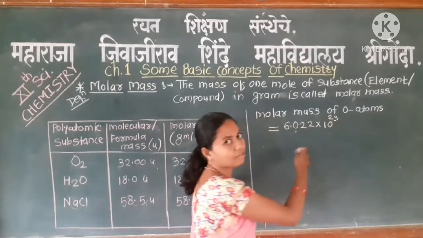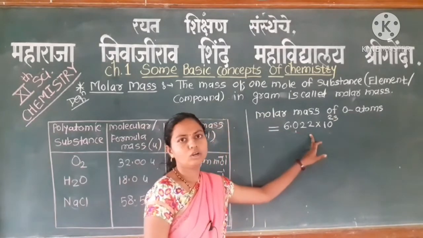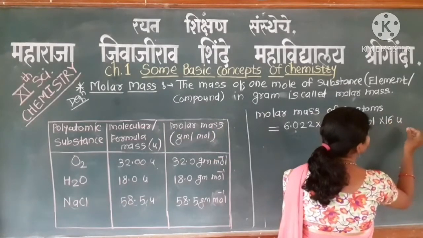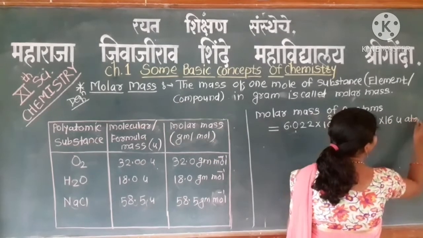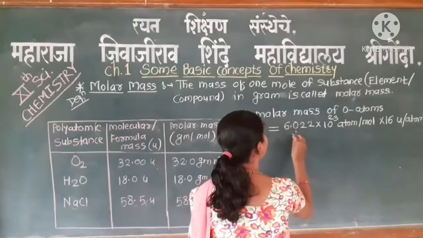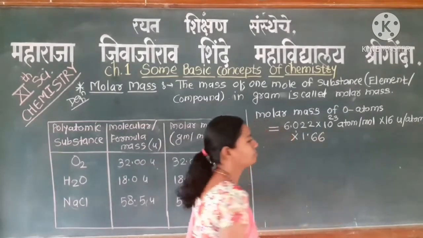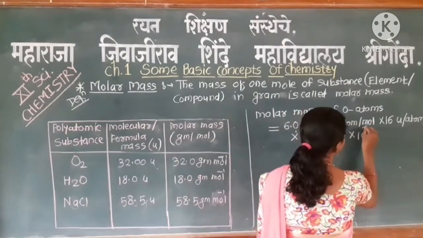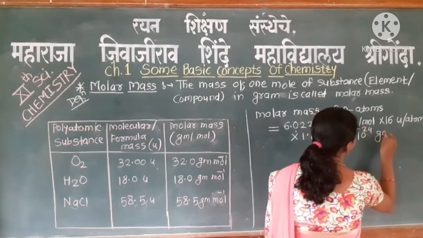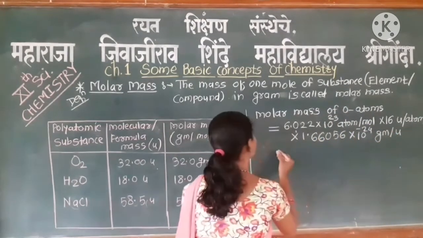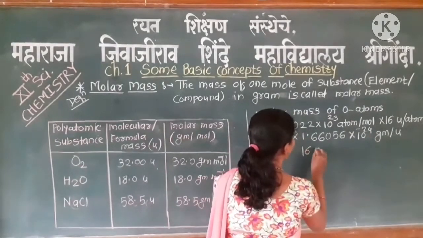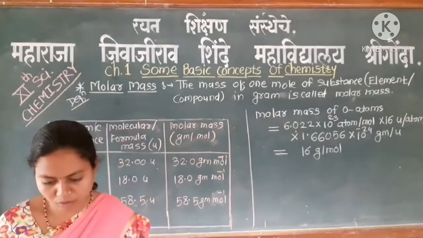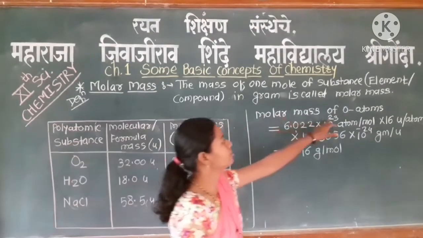We know that it is Avogadro's number, that is 1 mole of oxygen atoms, into 16 unified atomic mass, into 1.66056 into 10 raised to minus 24 gram per unified, is equal to 16 gram per mole. This is the molar mass of the oxygen atom.